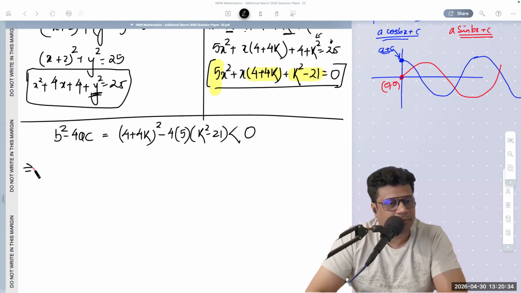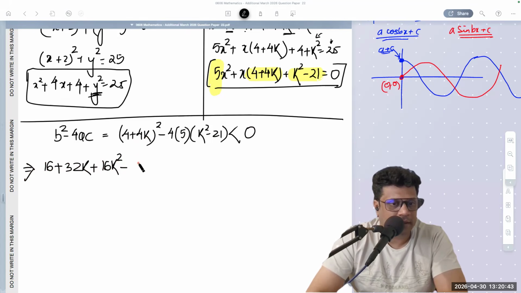So you go 16 plus 32k plus 16k square minus 20k square plus 420 is lesser than 0.